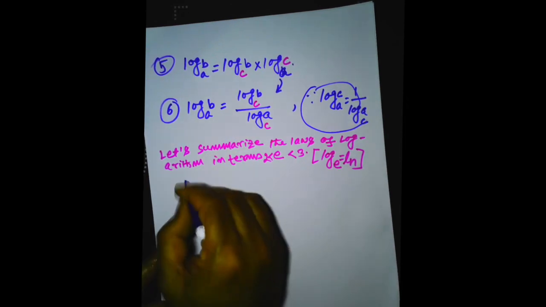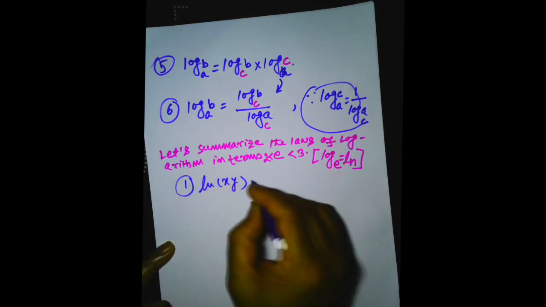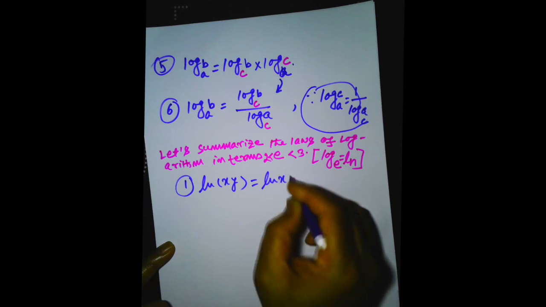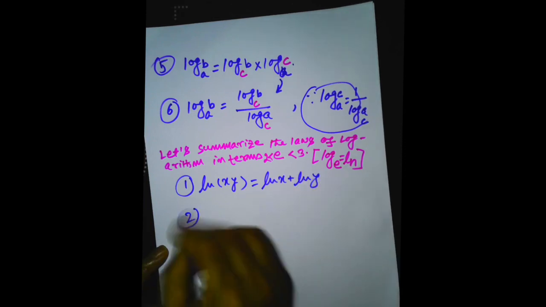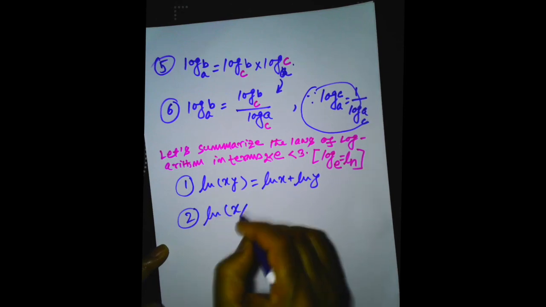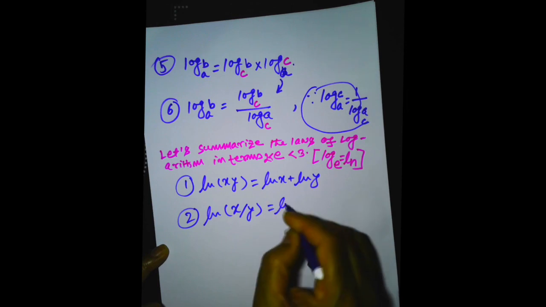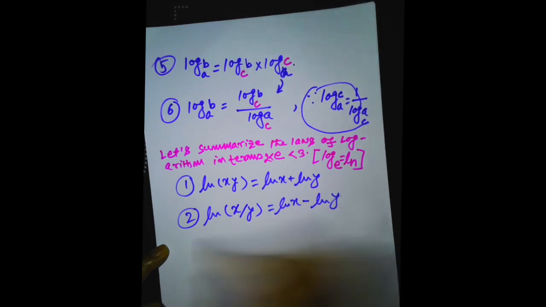First I am taking ln of xy, and it can be written as ln x plus ln y. Similarly, ln of x divided by y can be written as ln of x minus ln of y.